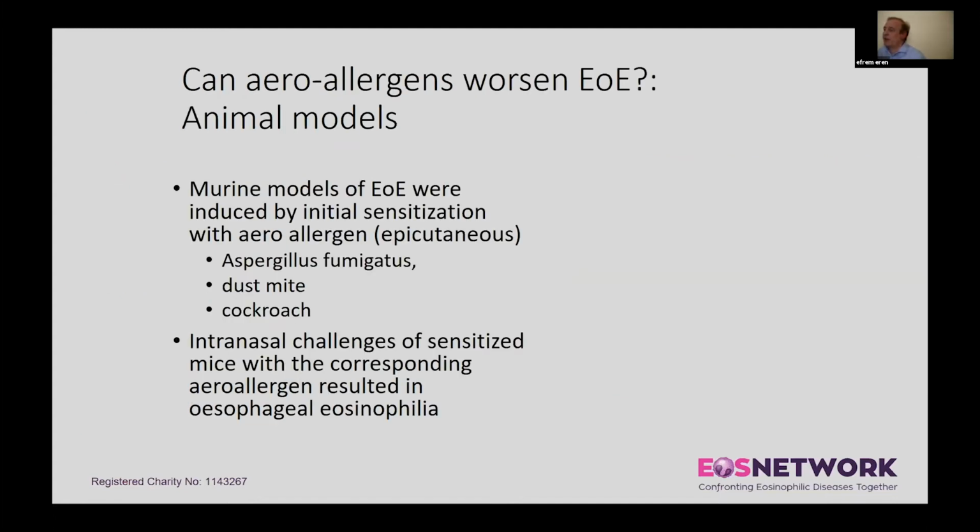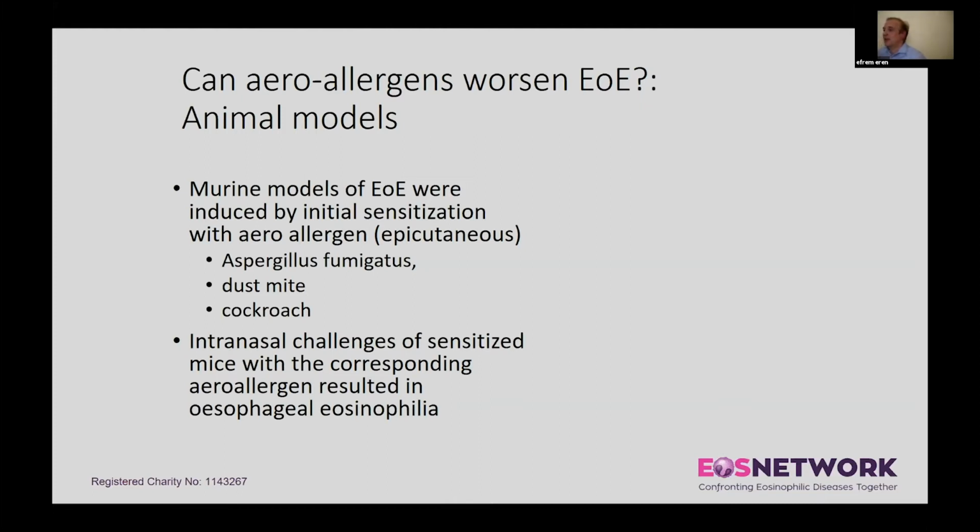So can aeroallergens, so can allergens that we breathe in, the same allergens that cause hay fever, rhinitis, can they trigger EoE? Well, there are actually a few research articles looking at animal models, mouse models, where what they do is they sensitize them, so they expose their immune system to aeroallergens, usually through the skin route, epicutaneous route, and then afterwards they challenge them nasally with these same allergens, and they showed that actually with nasal challenge they develop esophageal inflammation, and that's eosinophilic inflammation.